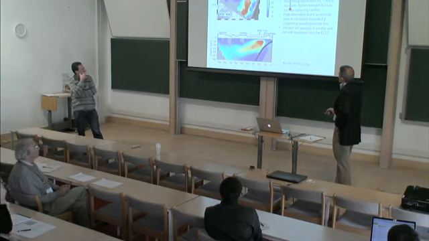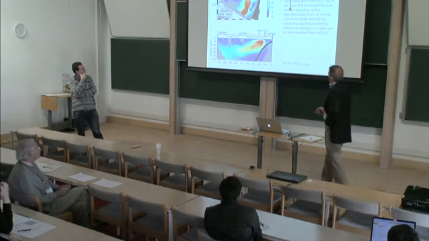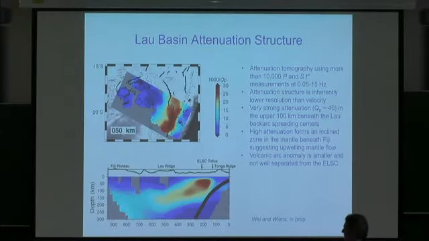Does that imply there's melt below 100 kilometers? What's the resolution? Once again, as I was saying in response to Dan, putting a contour on one of these maps and saying within that contour we have melt, and outside of that contour we don't have melt, I don't think we're there yet.